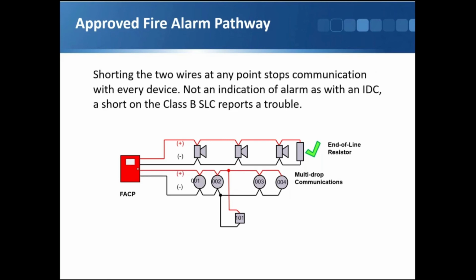So it's also important that two wires on the circuit shorting is reported. Okay. So a short also has to be reported, but that would take out the whole circuit in IDC, as you can see.